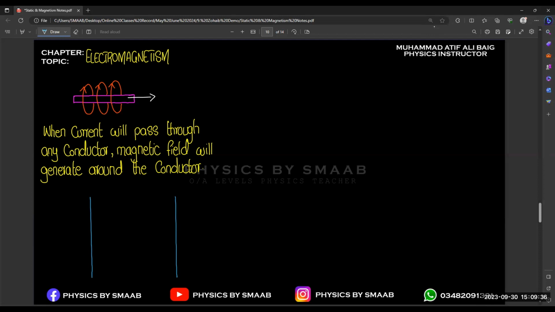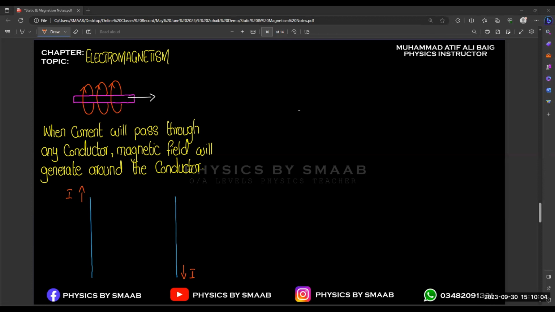and basically there are two possibilities. First possibility is either current will move in upward direction, and second possibility is that current will move in downward direction. So there are two possibilities in a straight wire if we are using the conductor in vertical form.